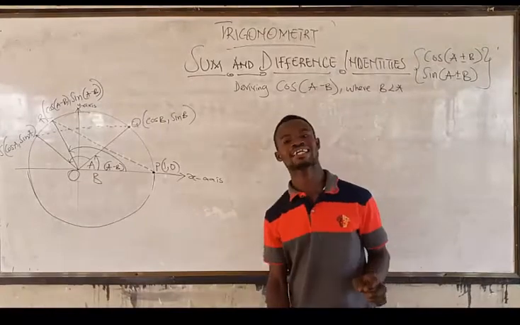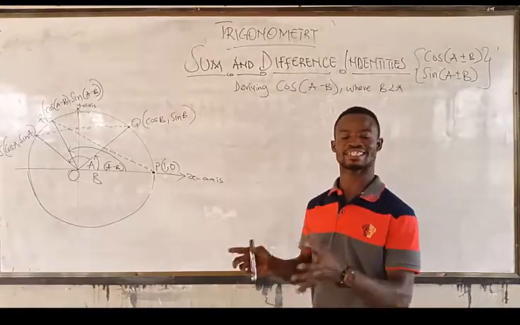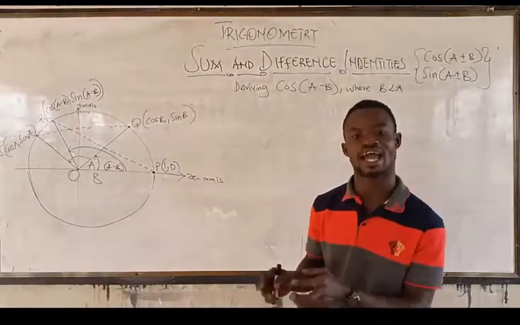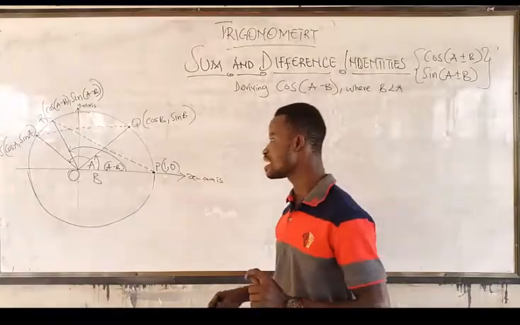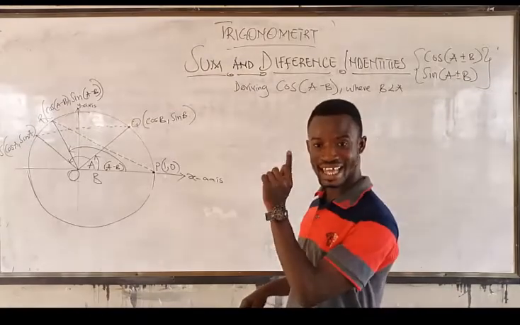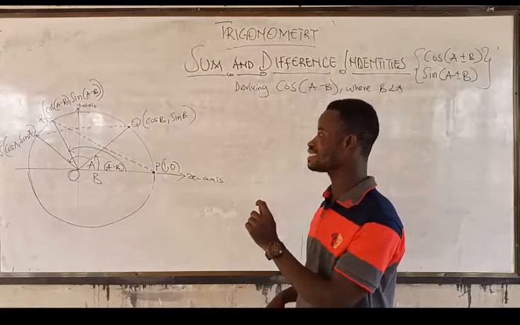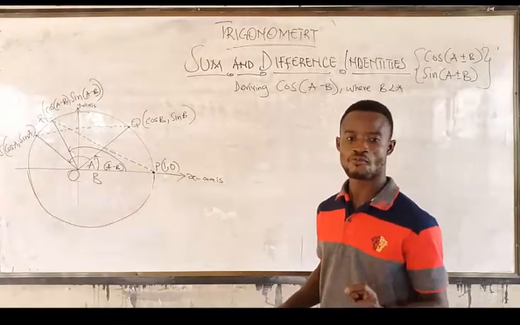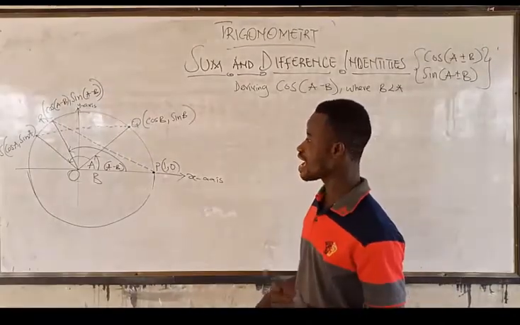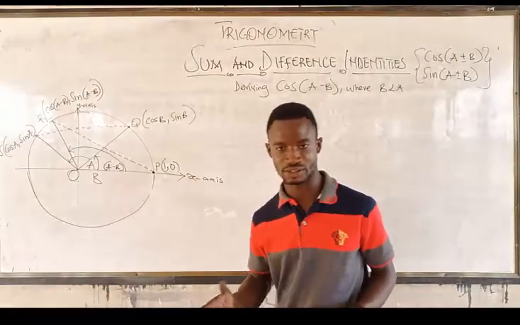So we are going to let S and Q be the points where the terminal side of the angles A and B intersect the circle. So the points S and Q here represent the terminal sides of angle A and angle B. Very good.